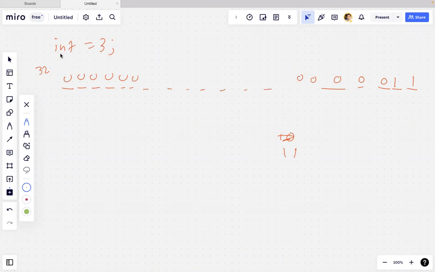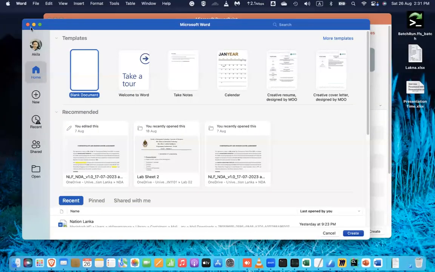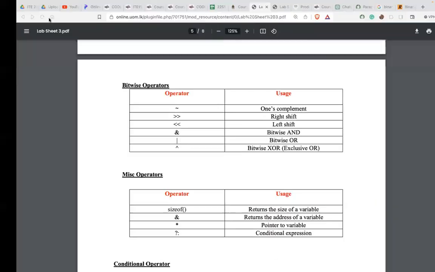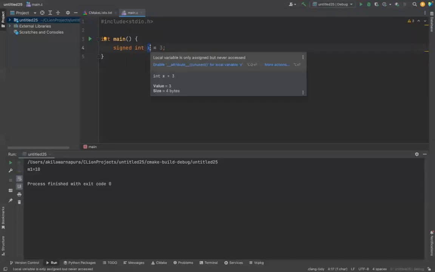And remember that you have to specify whether this value is a signed value or an unsigned value. If you declare it as signed int, that means the variable x may have plus and minus values.